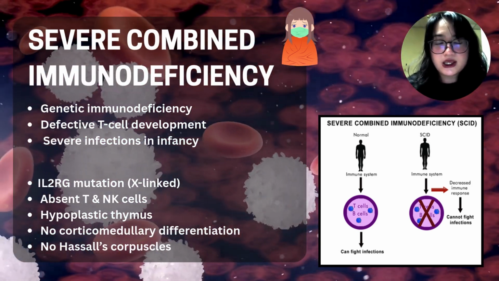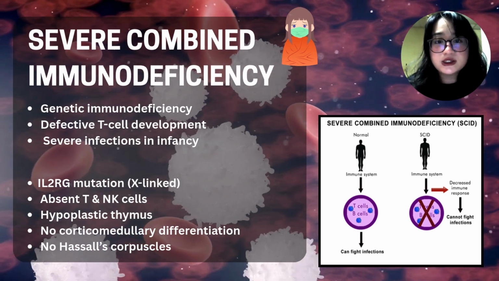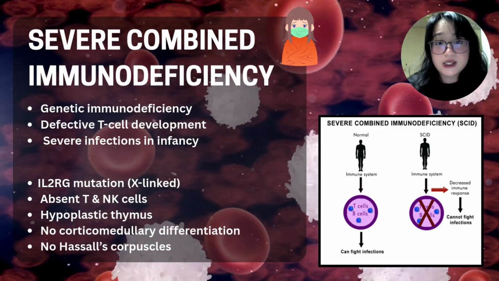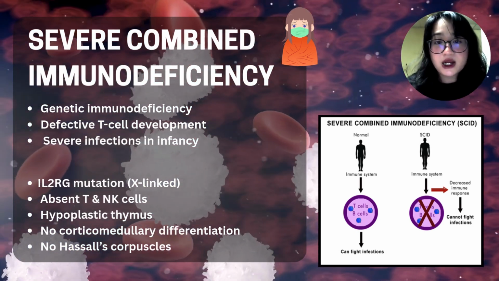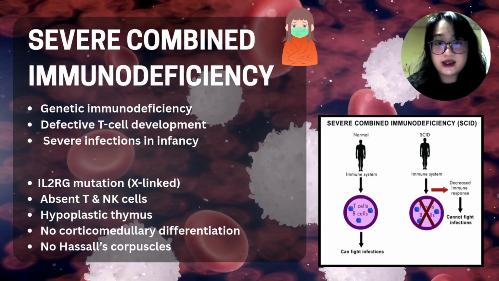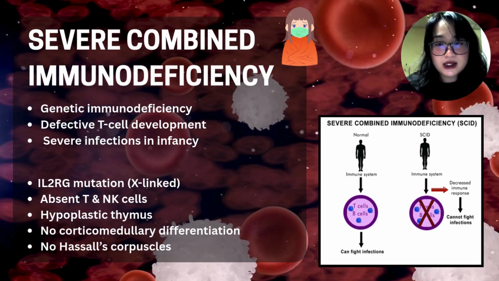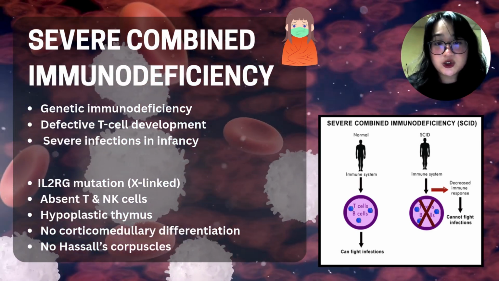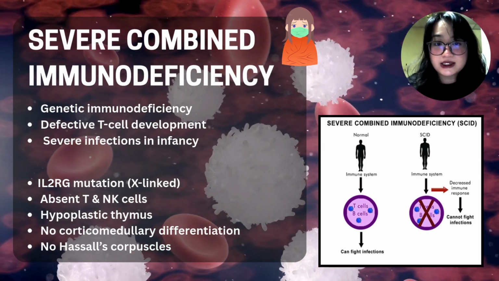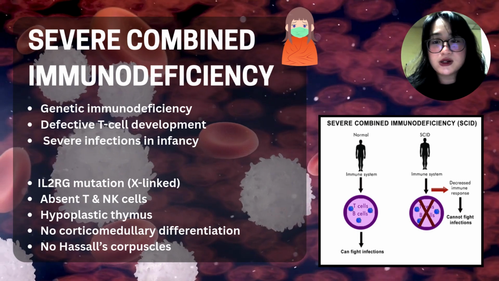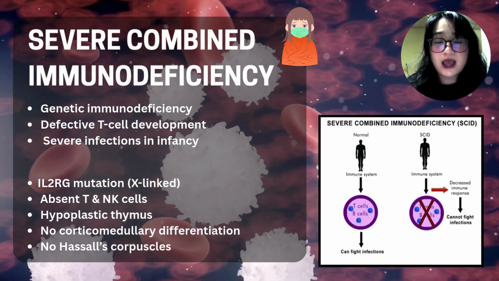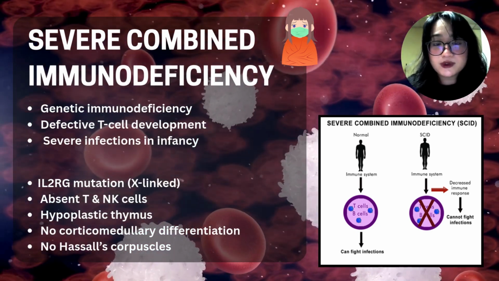This results in the absence of functional T cells and natural killer cells or NK cells, while the B cells are usually present but ineffective. Anatomically, this condition is associated with a hypoplastic thymus, which shows poor corticomedullary differentiation and the absence of Hassall's corpuscles.